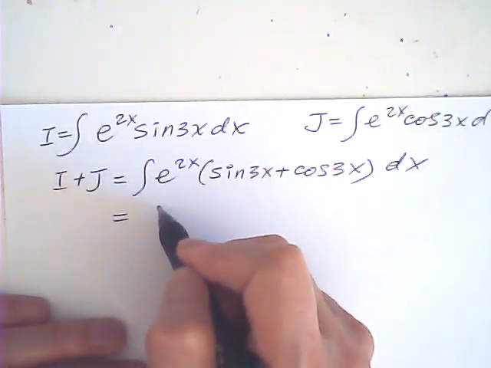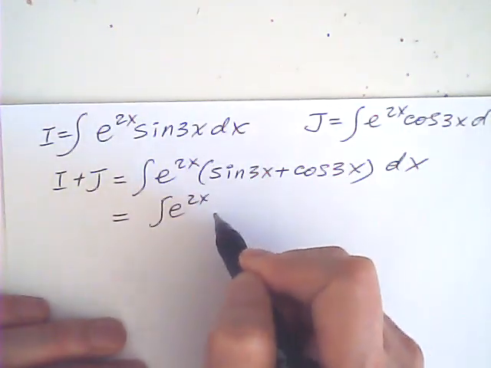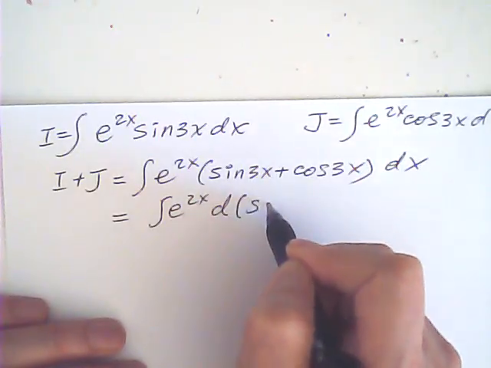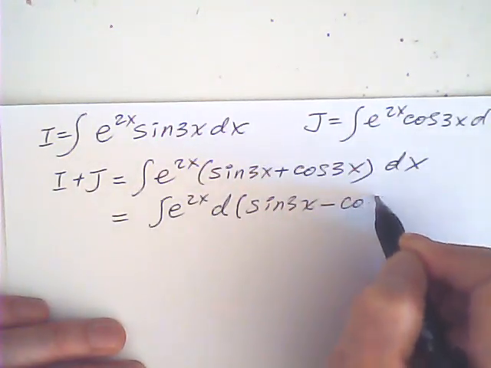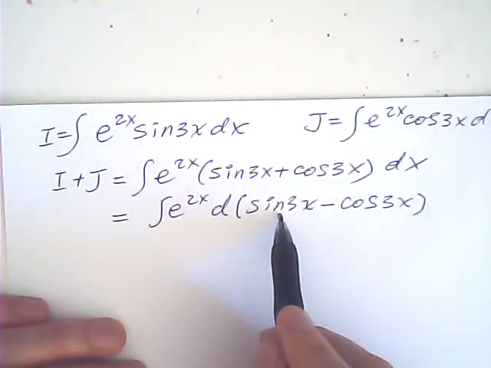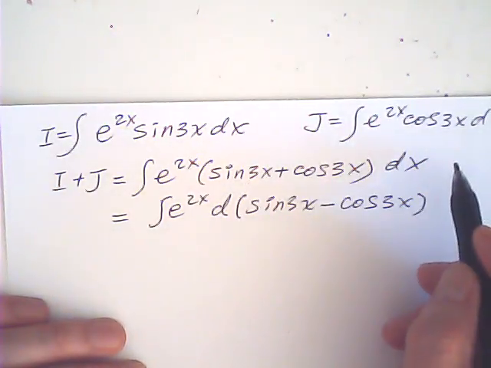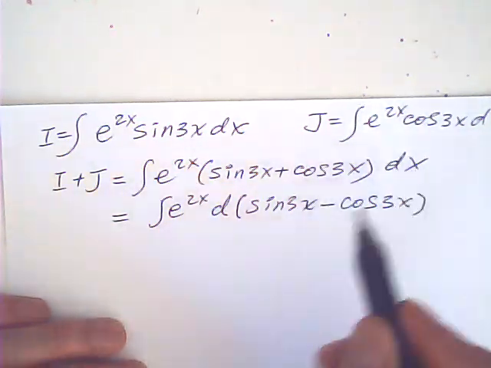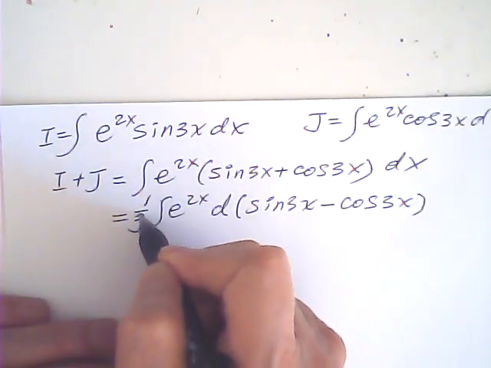So this will be equal to the integral of e to the 2x d of sine 3x minus cosine 3x. This integral is that, and then multiply by 3 dx. I don't have a 3 dx, so just to maintain the equal sign, multiply by 1/3.